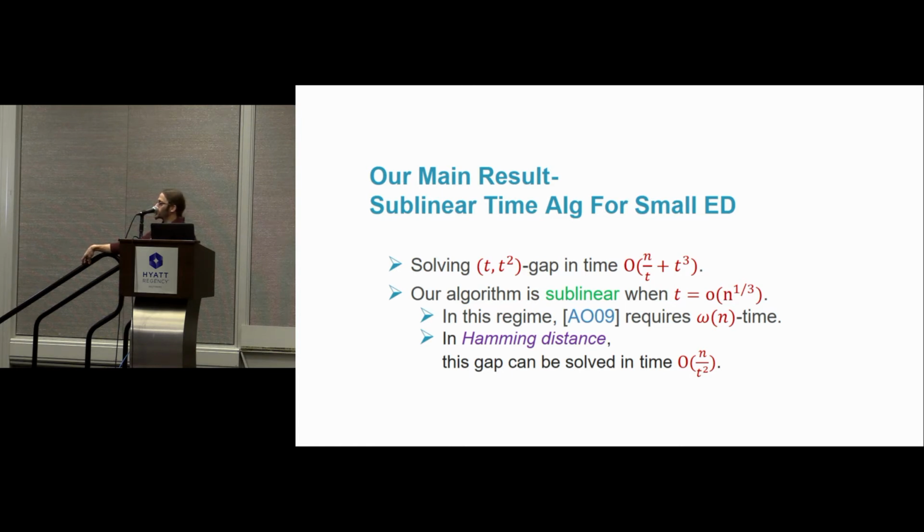In this regime, Andoni and Onak have an algorithm that runs in superlinear time, so here we are better. If we compare it to Hamming distance, then we are a bit inferior. In Hamming distance, we can solve this gap in time n over t square. We have n over t, and an extra factor of t cube. Okay, so that's the result. And now let me show you a little bit, just to taste, what proof techniques we use.